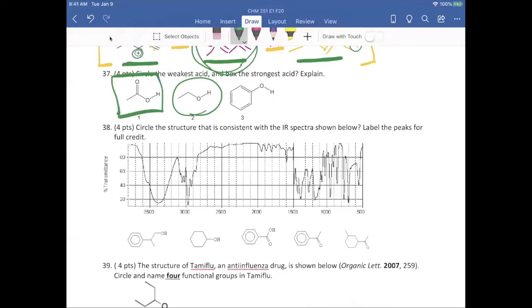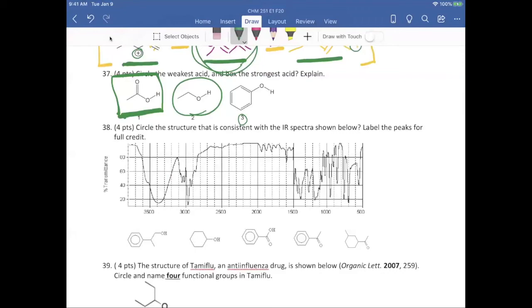Yes, I agree that number 3 does have resonance structures, but in those resonance structures, the carbon atoms are negative. But in this resonance structure over here, even though there's less resonance structures, the negative charge is on the oxygen. The answer to this question is that number 1 is the strongest acid and number 2 is the weakest acid.